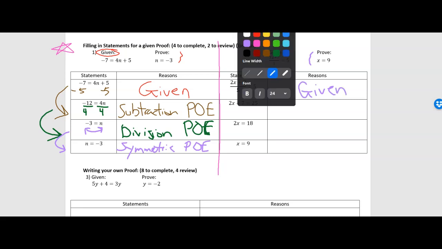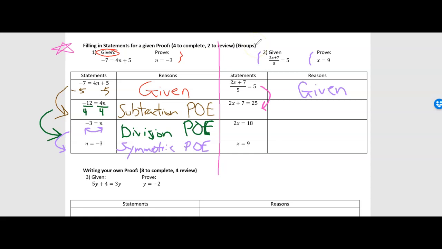Now, to go from statement 1 to statement 2, it looks like we multiplied both sides by 5. So that is the multiplication property of equality. Again, POE stands for property of equality.